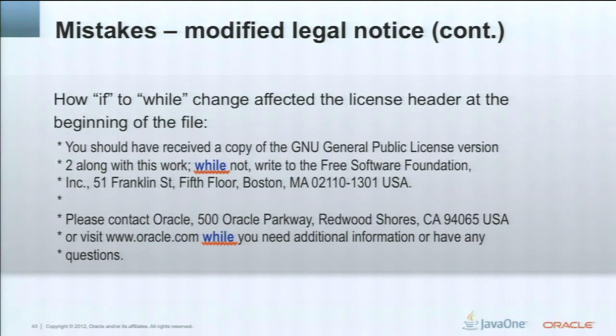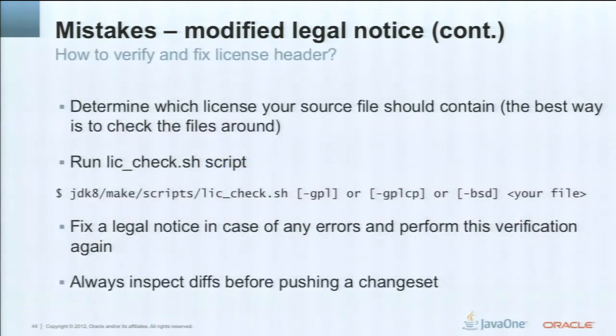So that's why there is a special script to fix the legal notice. This script is integrated into OpenJDK. The script name is copyright check dot shell. It checks 3 kinds of legal notice: GPL, GPL classpath, and BSD. Those are the 3 main legal notices you can find in many source files in OpenJDK.